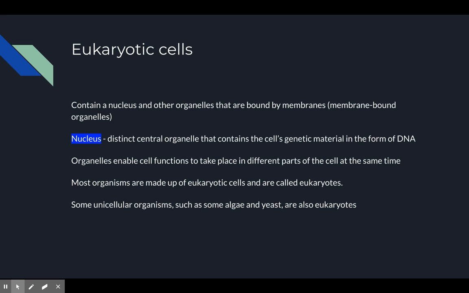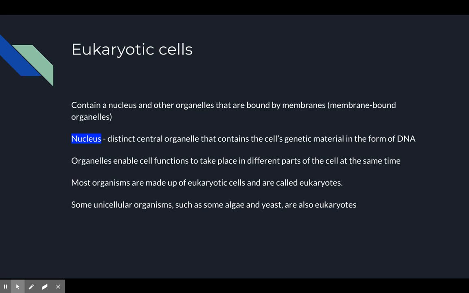Organelles enable cell functions to take place in different parts of the cell at the same time. Each organelle has a specific function, and they can all take place at the same time, right? So the nucleus holds the genetic material at the same time as the plasma membrane is keeping things from coming in and out of the cell.